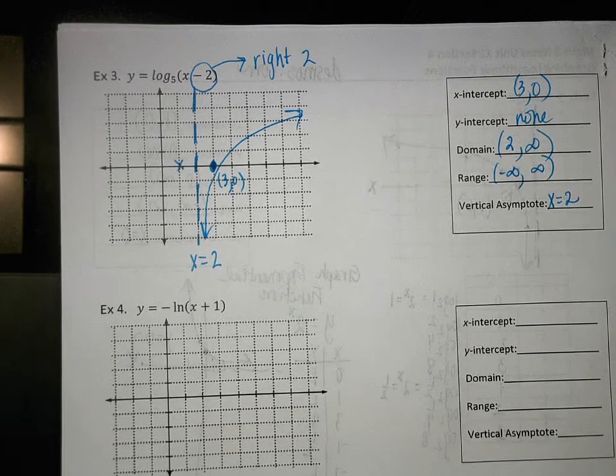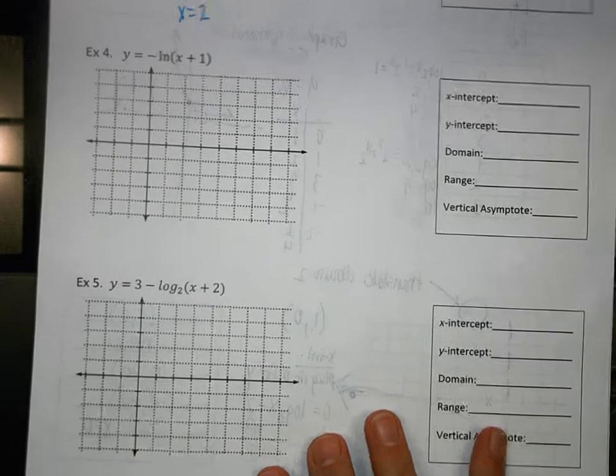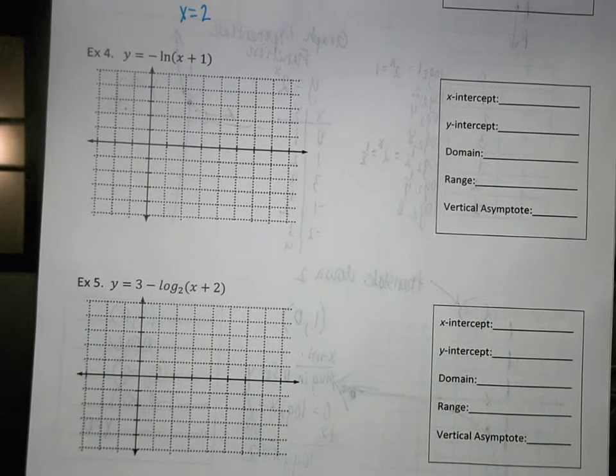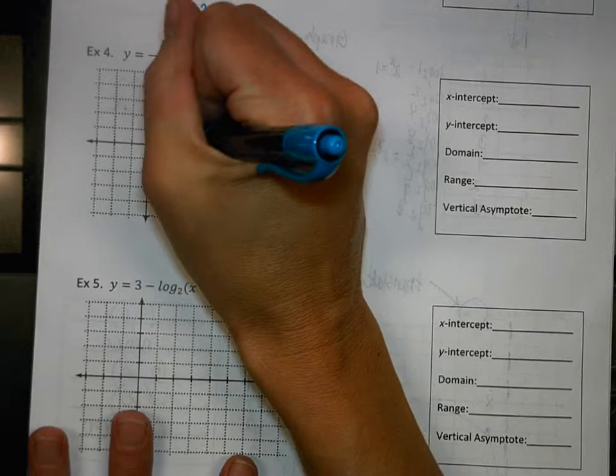Okay, example 4. We know natural logs, again, they're the same as logs. It's just specifically base e, okay? But like we've talked about, it doesn't really matter what the base is. We're always going to end up getting that 1, 0 point, right? So I'm just going to put that x there.